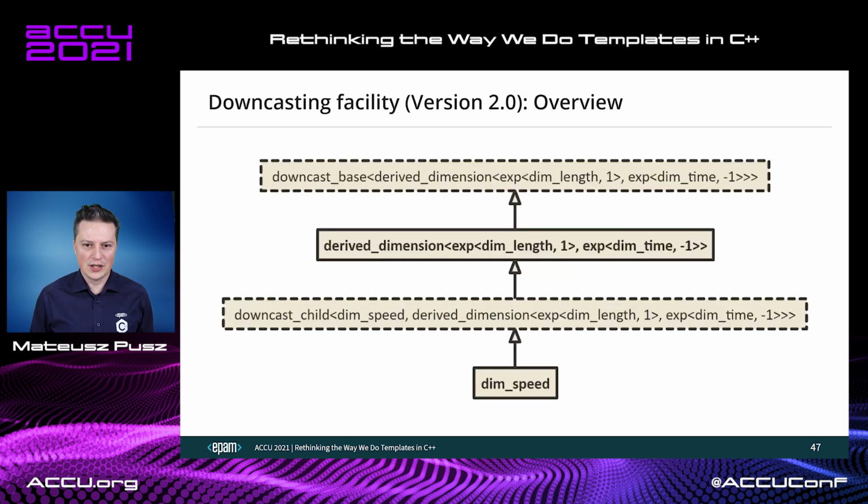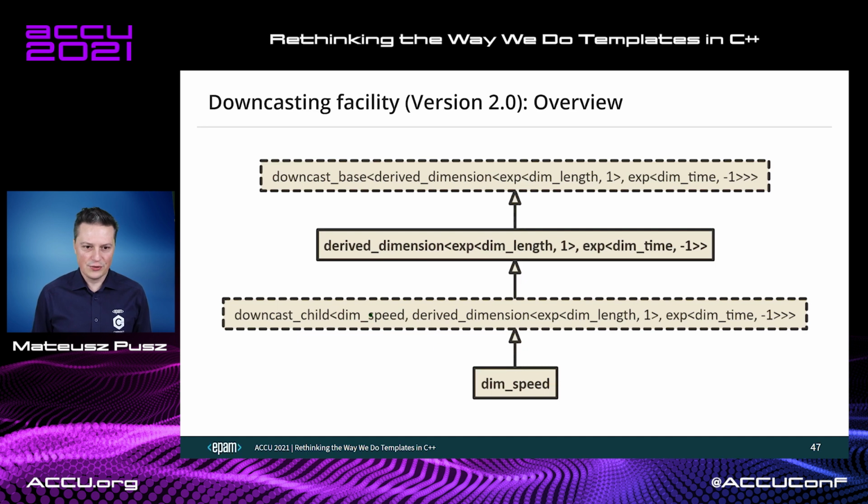I provide 2 additional helper types here. One is called downcast base, another is called downcast child. Downcast base just takes the type of the base dimension here, right? Through the CRTP idiom, the curiously recurring template pattern idiom. And dimension speed also works with CRTP.